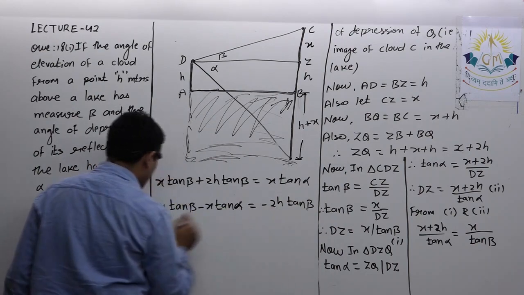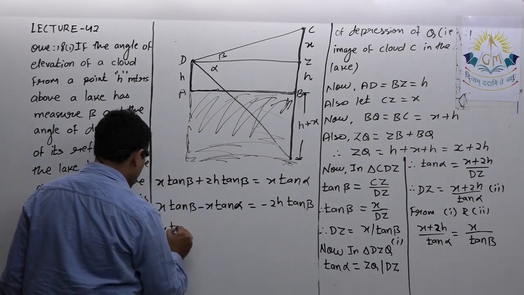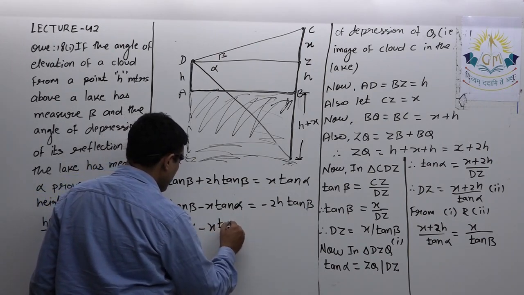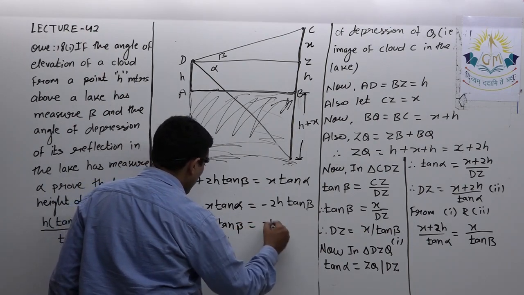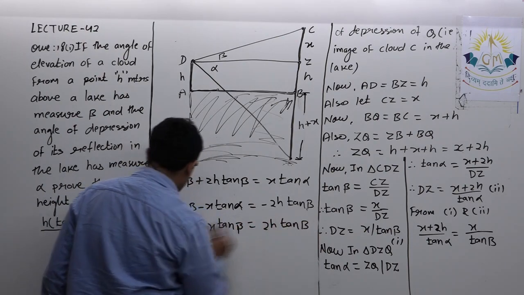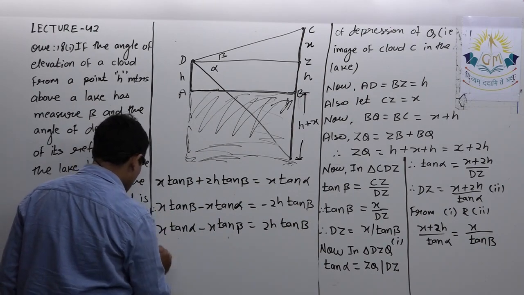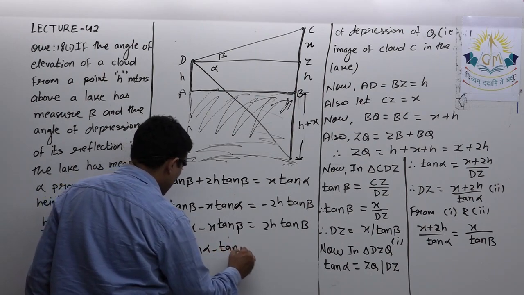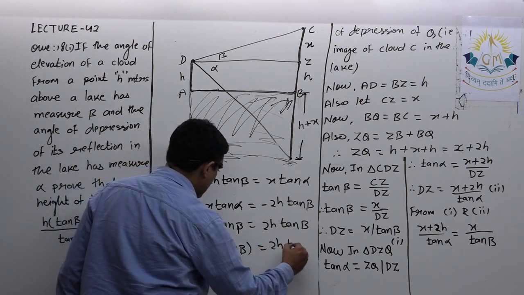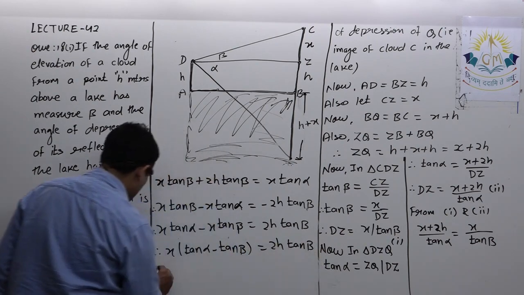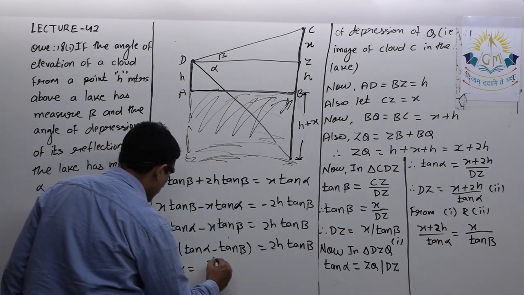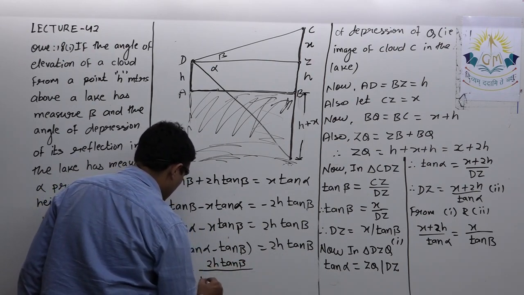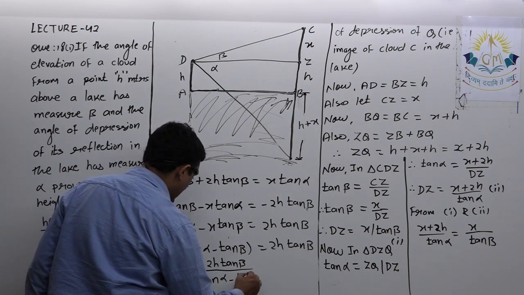Or to remove this minus sign, I write X tan alpha minus X tan beta is equal to 2H tan beta. From here, if I take X common, I'll get tan alpha minus tan beta times X is equal to 2H tan beta. Therefore, from here I'll get X is equal to 2H tan beta divided by tan alpha minus tan beta.